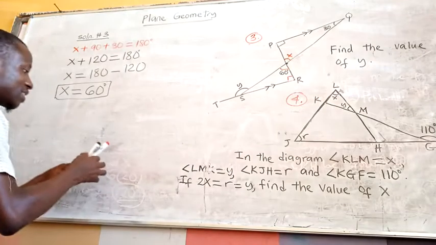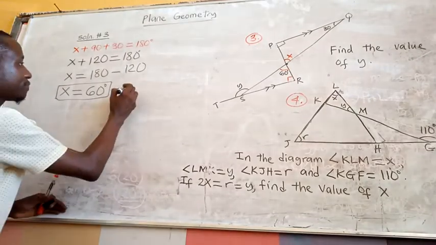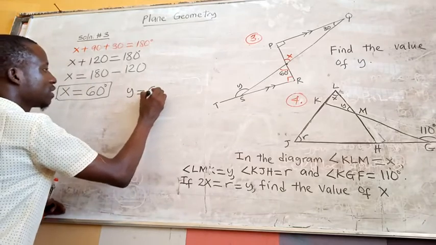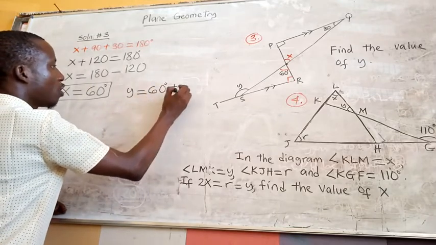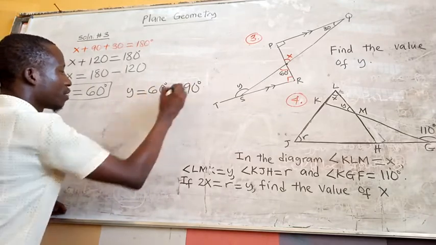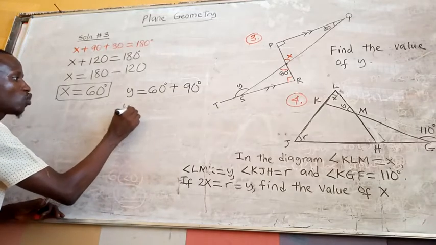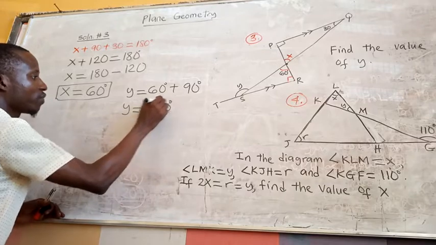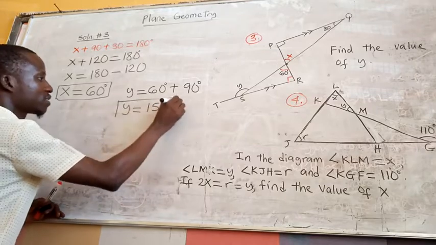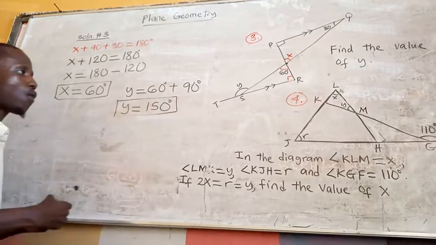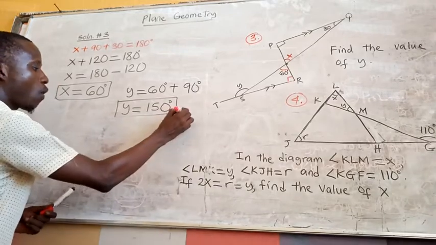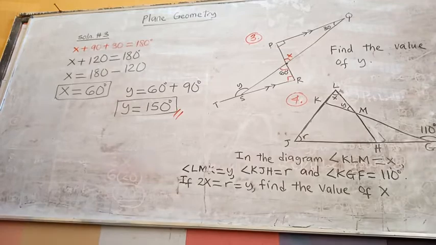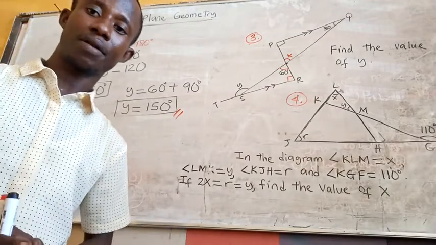So we can see that y is equal to 60 degrees plus 90 degrees. Therefore we have y to be equal to 150 degrees. So this is the value for angle y. So let us see our fourth problem.